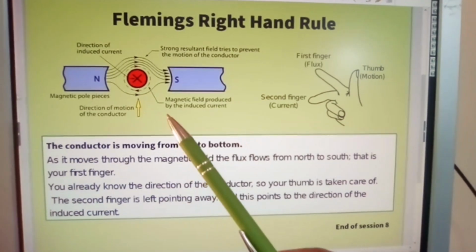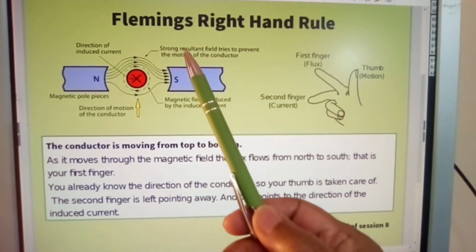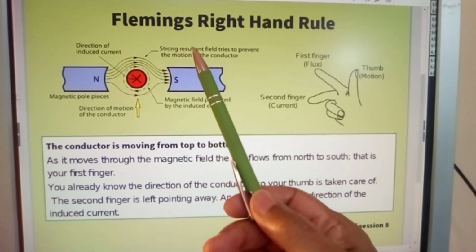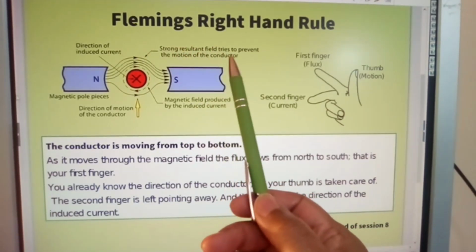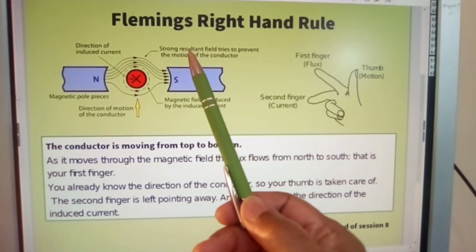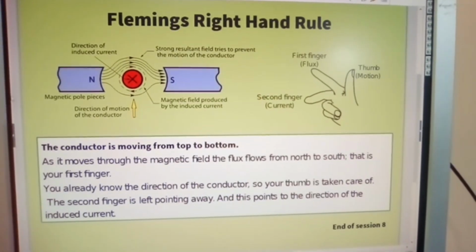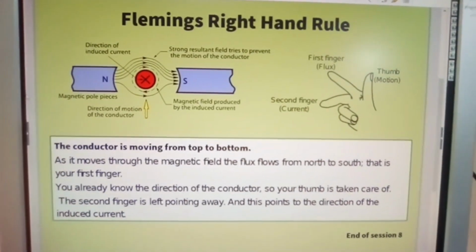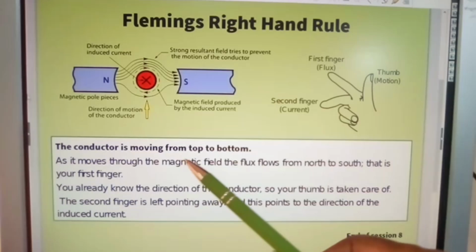Magnetic field produced by the induced current. Now the conductor is moving from top to bottom.